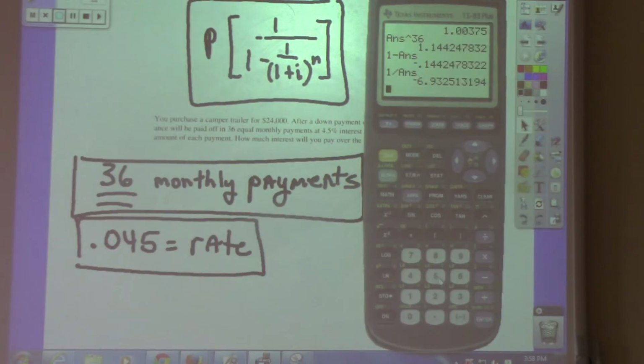Okay, still 6.9. And then 6.932 multiplied by 20,000. And subtract 20,000.